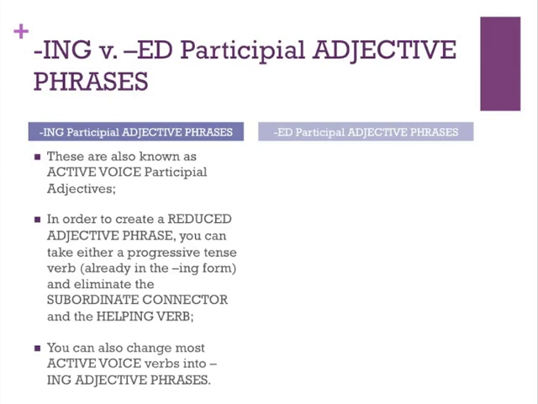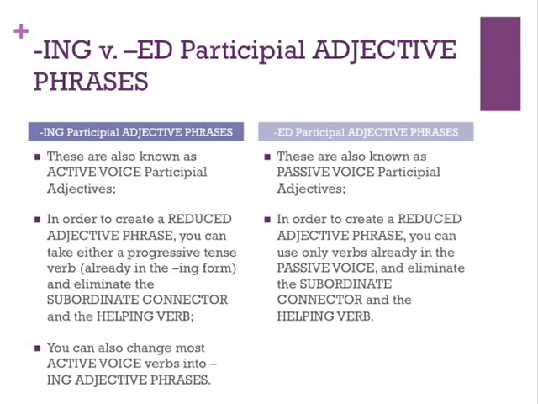Now, in the next screen, you will see that you can also change most active voice verbs into ing adjective phrases, and we'll show you more in just a moment. Ed participial adjective phrases are known generally as passive voice participial adjectives. And again, in order to create that reduced adjective phrase, basically you can use only verbs that are already in the passive voice. And then you would eliminate the subordinate connector and the helping verb.